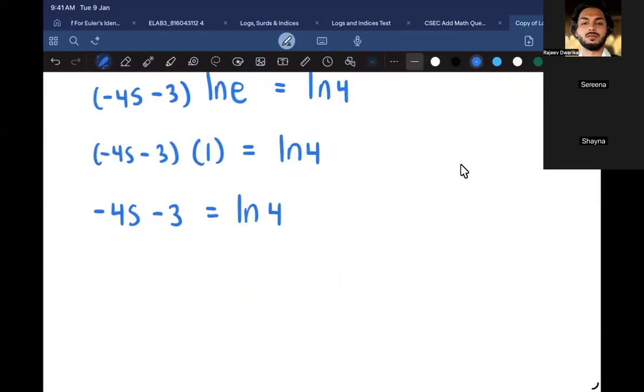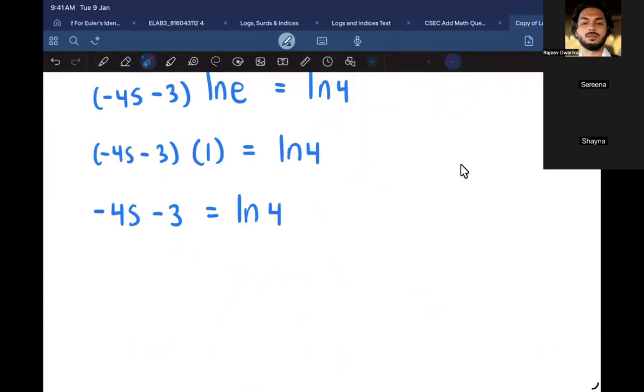All right, so Serena, what's the next step? It's regular algebra from here, right? So you want the unknowns on one side, the left hand side, and you want the numbers on the other side, right? So tell me, Serena, what's the next step? Um, divide both sides by -4 -3. Not quite.